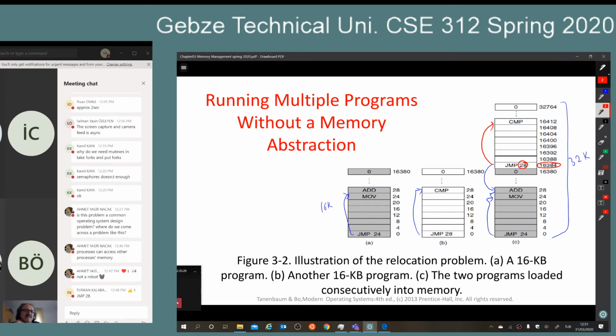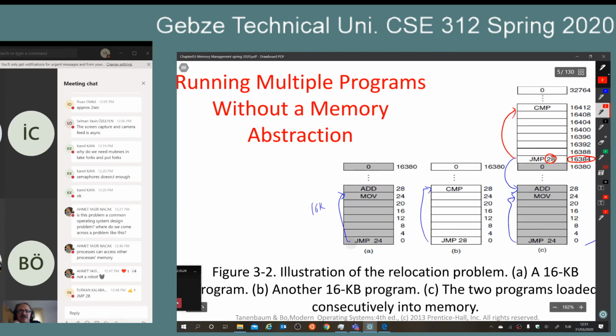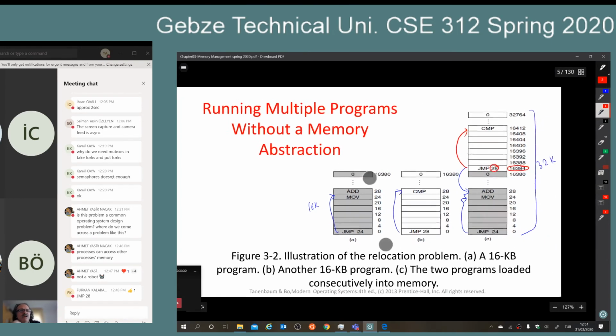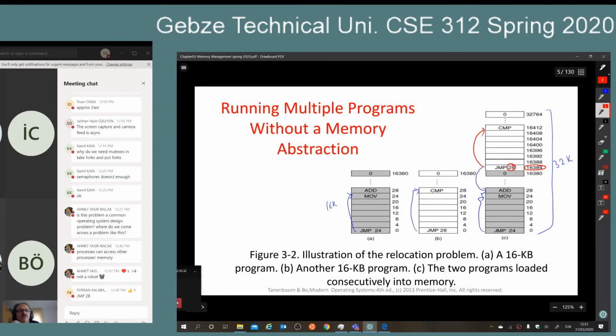The other thing is that, remember, I said that I have 16 kilobytes of physical memory. So either this one or this one can work. I don't have enough space to fit both of them at the same time in my memory. Well, you might say that in that case, unfortunately, you won't be able to run both at the same time. No, there are some good solutions.